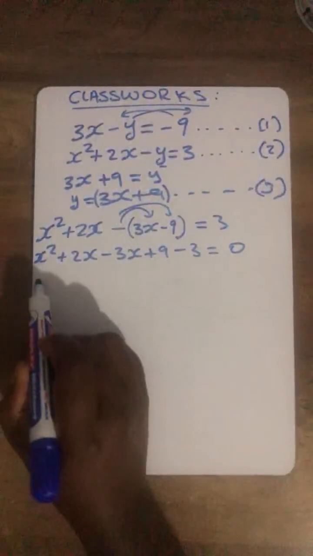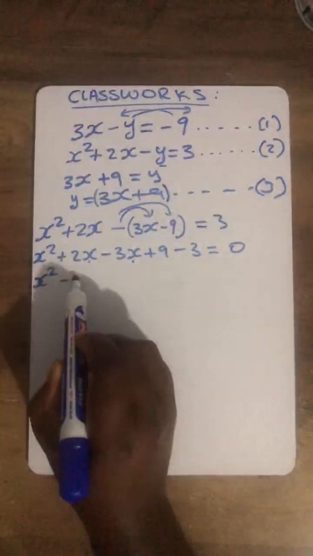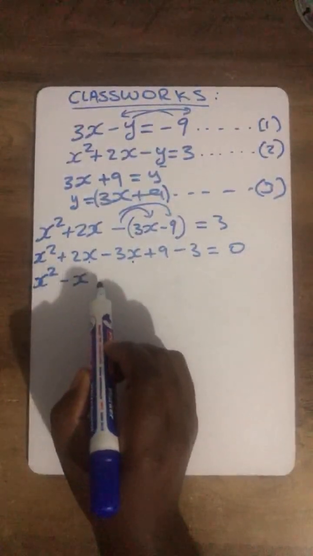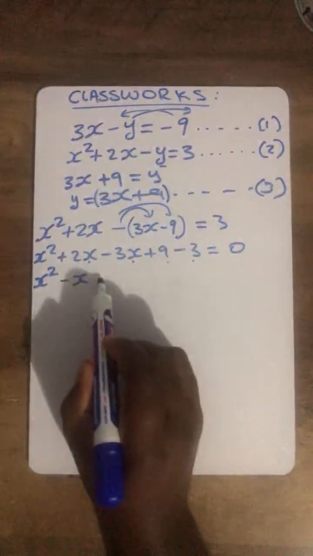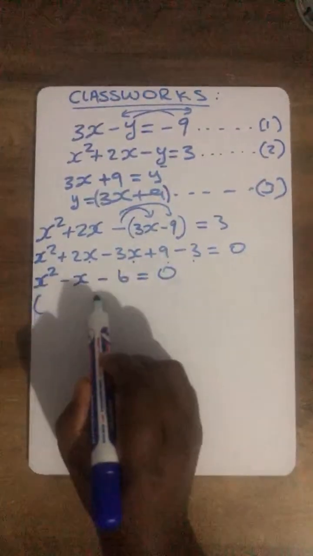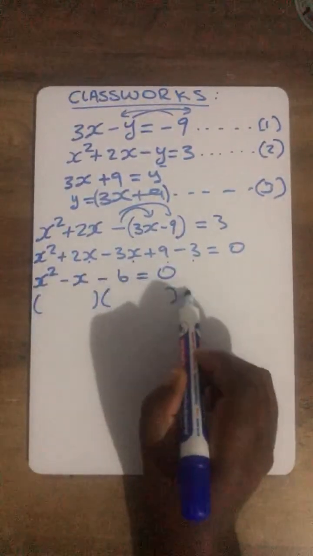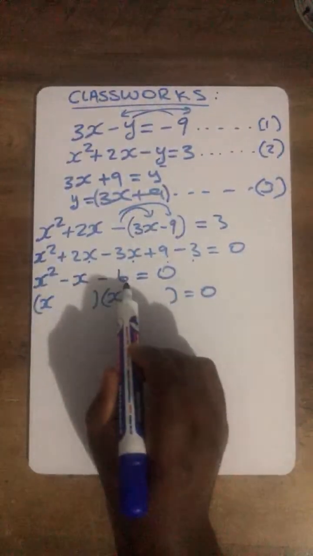So let's see. We obviously have x squared. We can work out these 2. We end up having negative x, because 2 minus 3 is negative 1. And then these 2, they give us, what is it, 6? I think they give us 6. And then you factorize this one. Just want you guys to notice that actually math revolves around the same thing. Can you see?